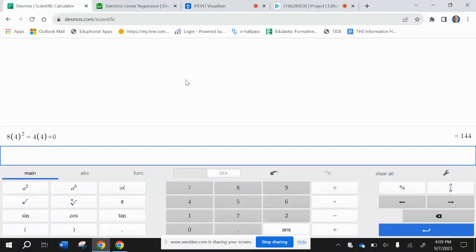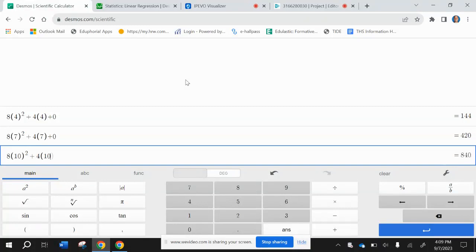Now let's do 7. So 8 times 7 squared plus 4 times 7 plus 0 is 420. And then now we're going to do 8 times 10 squared plus 4 times 10 plus 0 is 840. Okay.